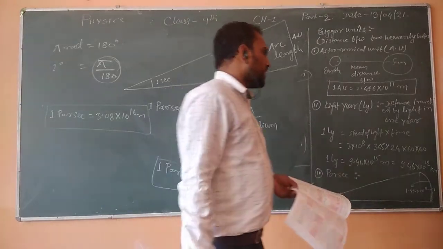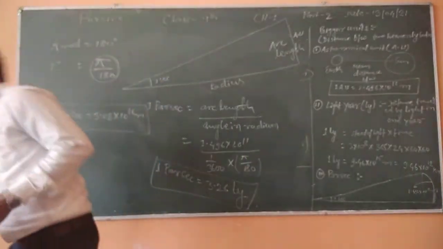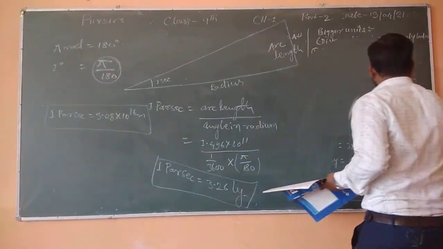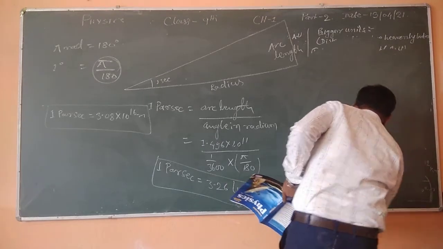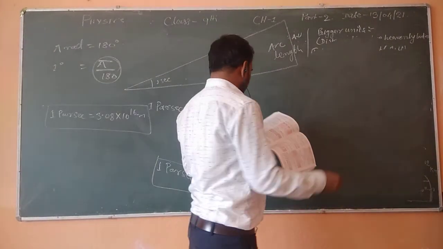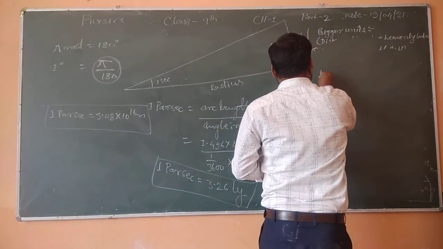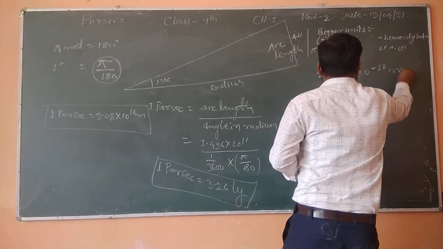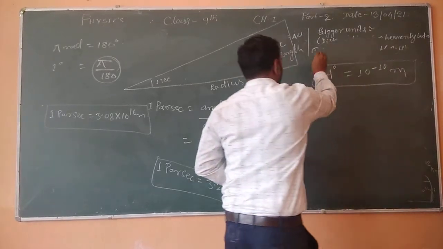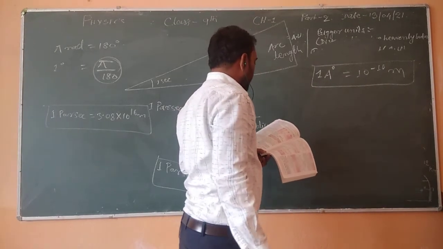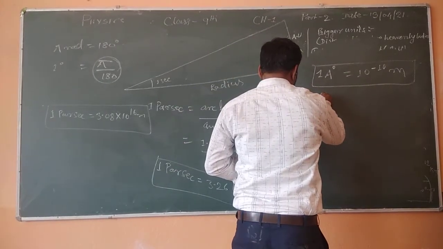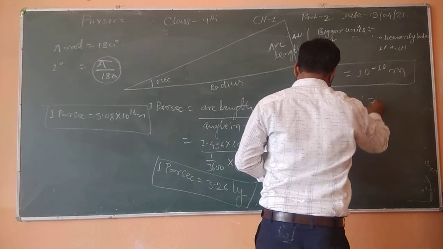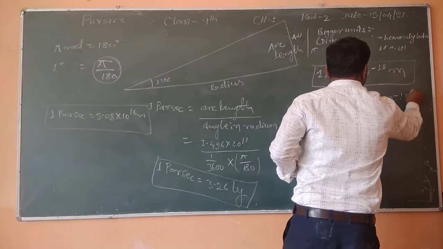Angstrom is a very small unit, 10 to the power minus 10. 1 angstrom is equal to 10 to the power minus 10 meter. Keep this in mind. And 1 Fermi is equal to 10 to the power minus 15 meter.